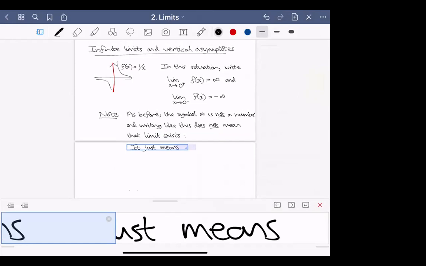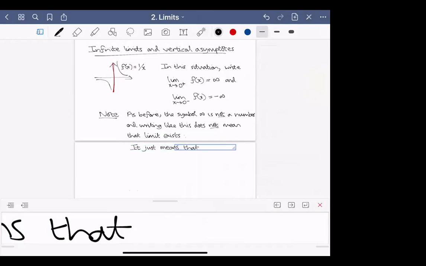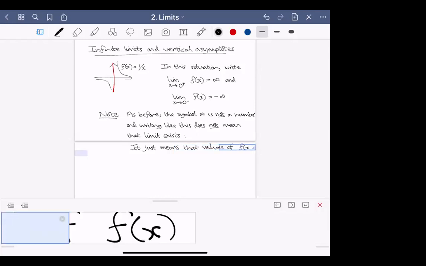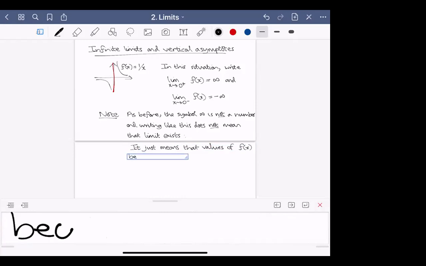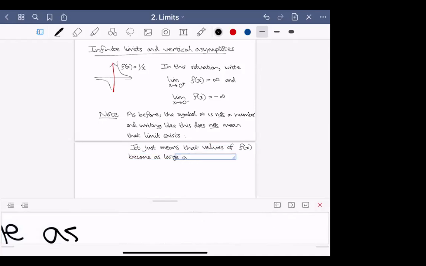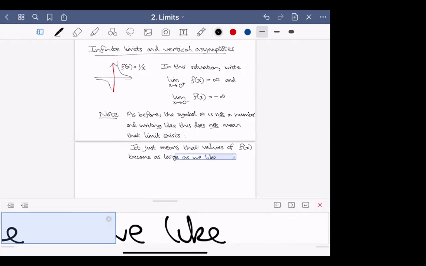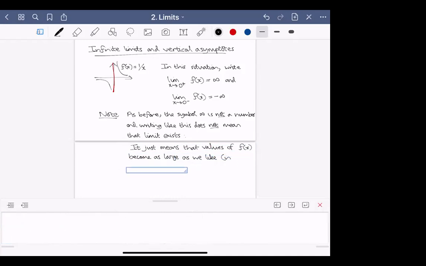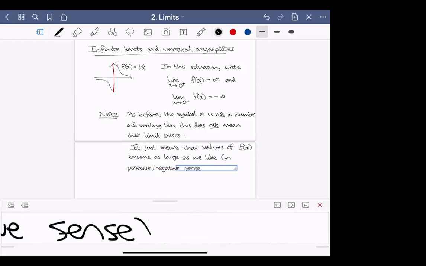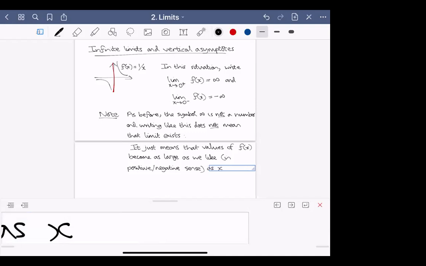But when we write this, we just mean that values of f(x) become as large as we like, either in the positive or negative sense, as x approaches.